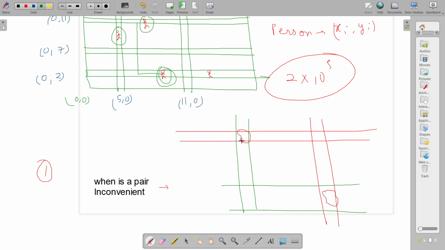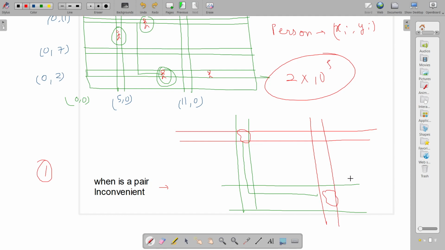In that case, the Manhattan distance is the same as the shortest distance, because you can go like this, you can also go like this. So if they belong to these different types of street, one horizontal and one vertical, then we don't need to worry about them.